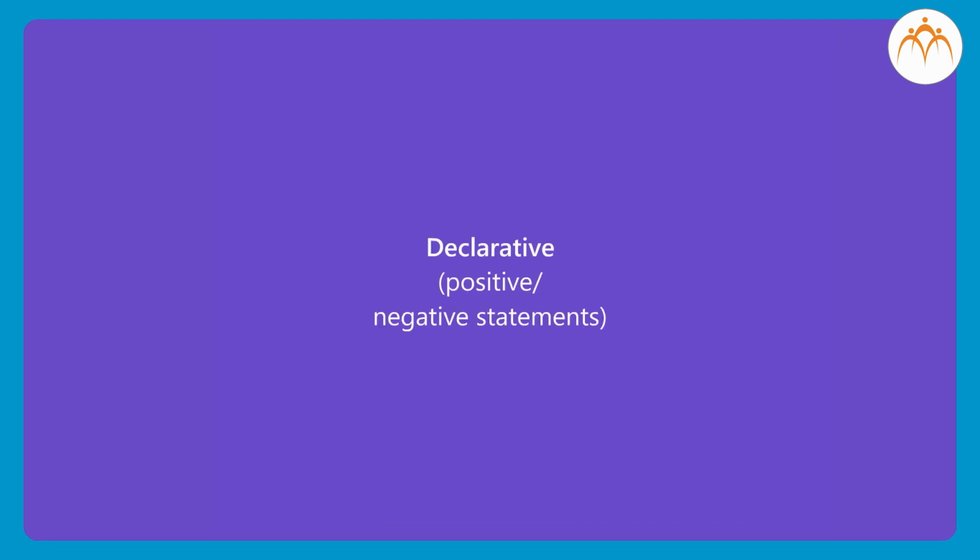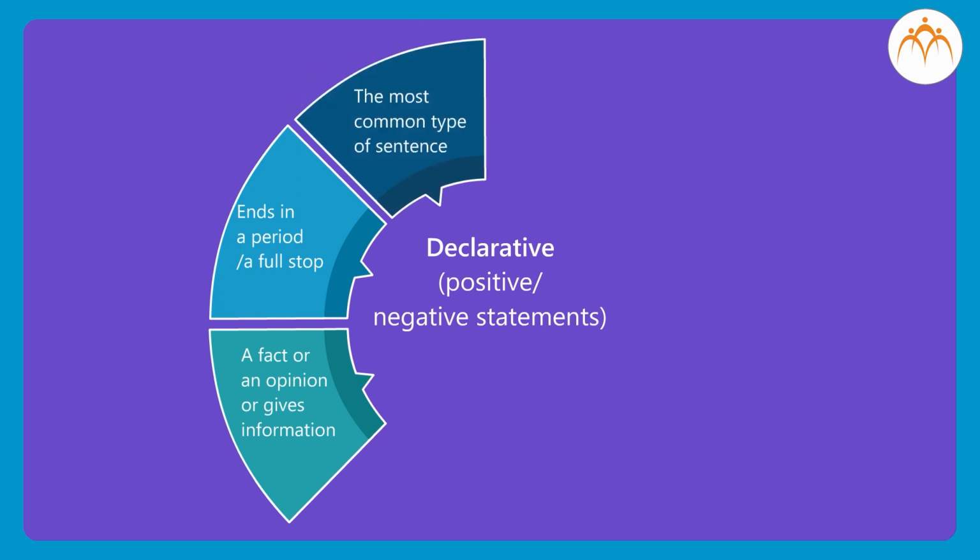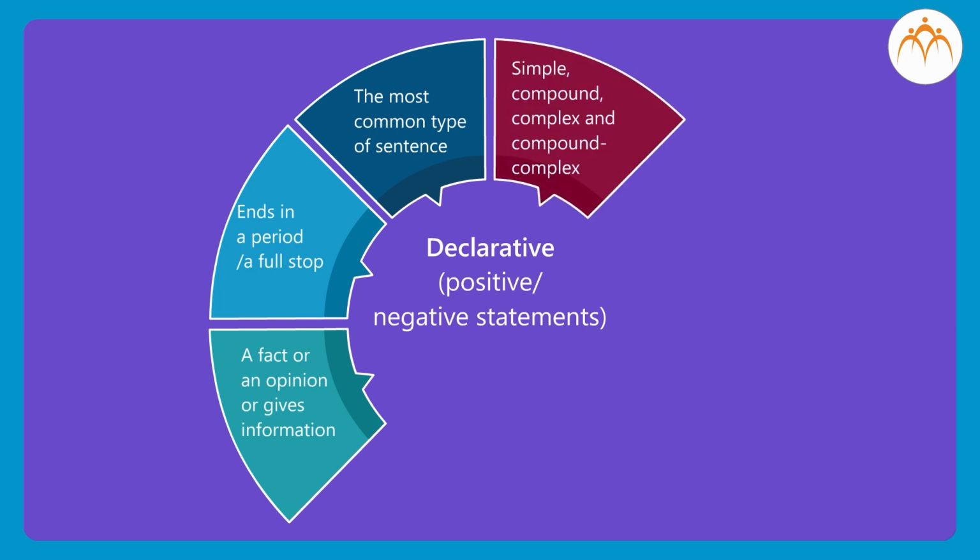Declarative, that is positive or negative statements. A declarative states a fact or an opinion or gives information. It ends in a period or a full stop. It is the most common type of sentence in the English language. Declarative sentences can further be classified into simple, compound, complex and compound complex.